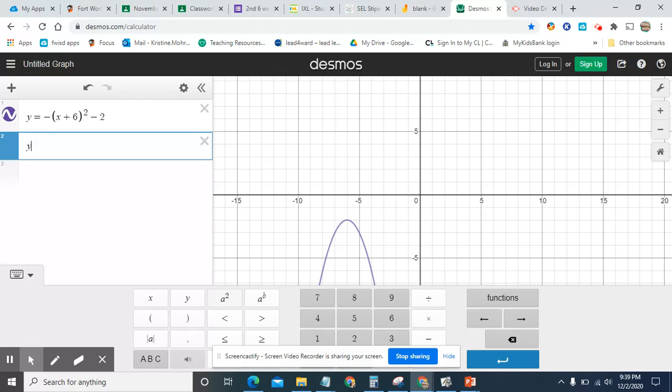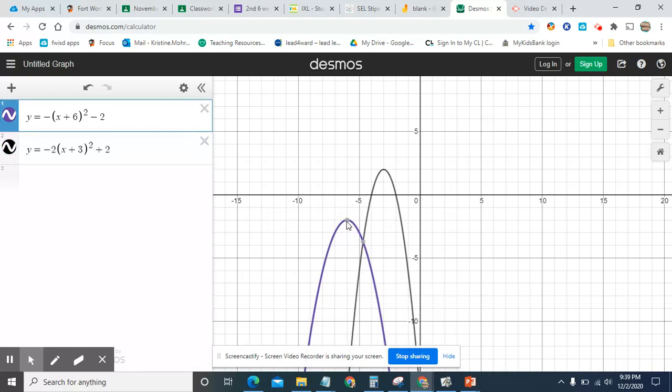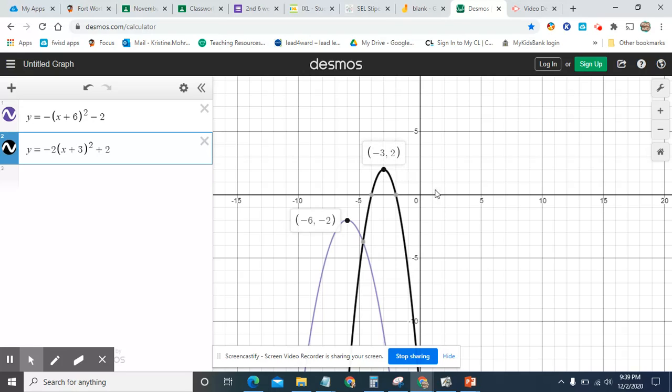And then y equals -2 times x plus 3 squared plus 2. Not plus 0, plus 2. All right, so if we compare our two vertex points here, we should see a shift moving from the purple. Did we move from the left or from, let me go read this problem. Up 4 and to the left.